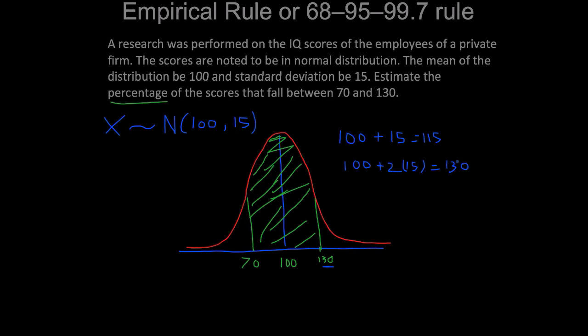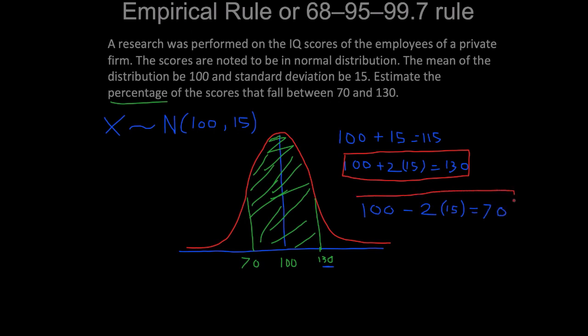Yes, we have one number we were looking for. This means we use 2 standard deviations, mu plus 2 sigma. Therefore, we check the lower number the same way: 100 minus 2 times 15 equals 70. So we have both numbers, 130 and 70.